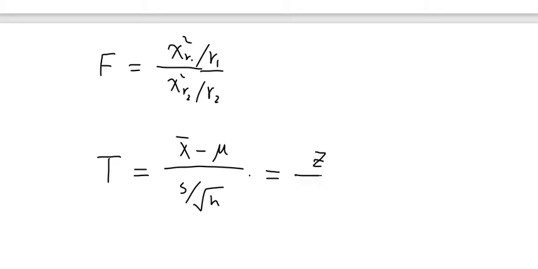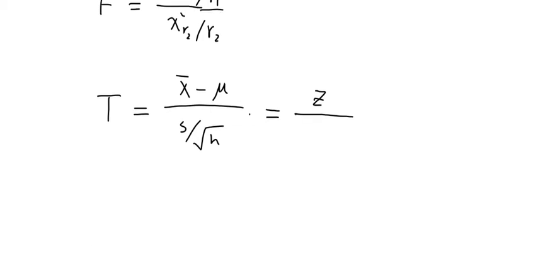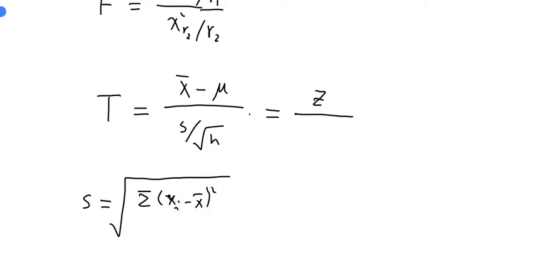So this equals Z over... So what is S? Which distribution does S follow? So let's say S equals this formula, right? Sum of xi minus x bar squared over n minus 1, right?